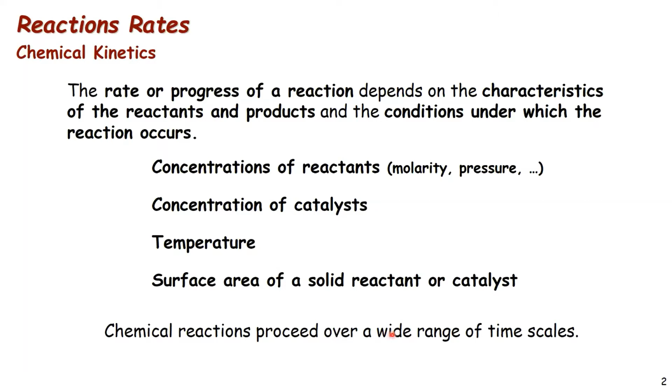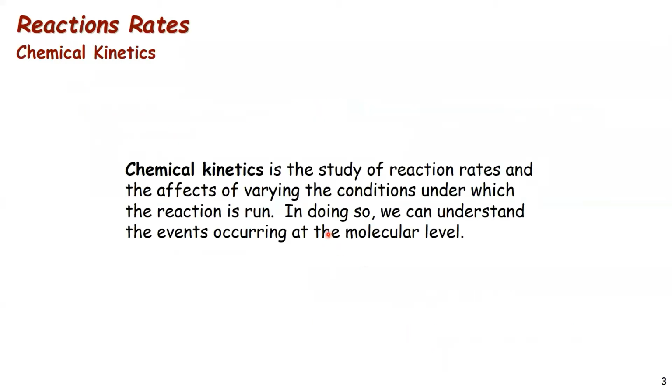Now, chemical reactions proceed, like I said, over a very wide time scale, from literally femtoseconds, 10 to the negative 15 seconds, the whole way up to literally millennia. So thousands, millions of years, okay? Chemical kinetics is basically the study of reaction rates and the effects of varying conditions under which the reaction is run.